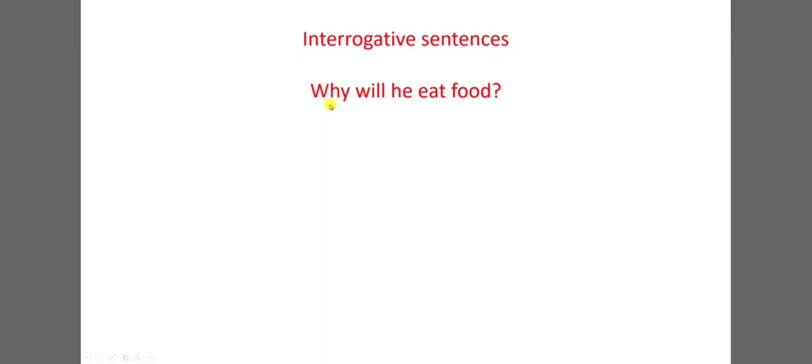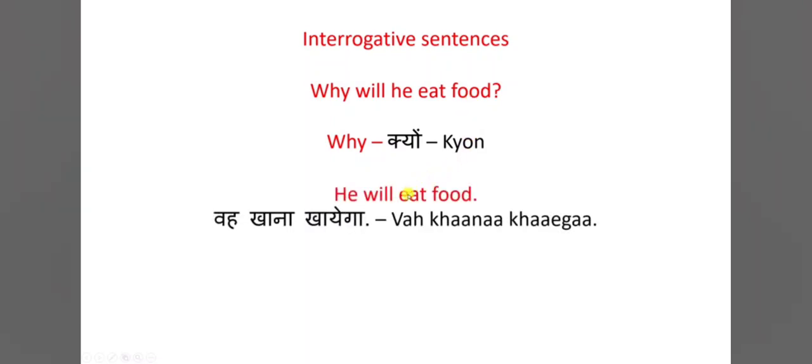We have why. Okay? We want to frame this in Hindi. We know that why is क्यों in Hindi. Correct? Now, to frame this in Hindi, all you need to know is this in Hindi. He will eat food. वह खाना खाएगा.